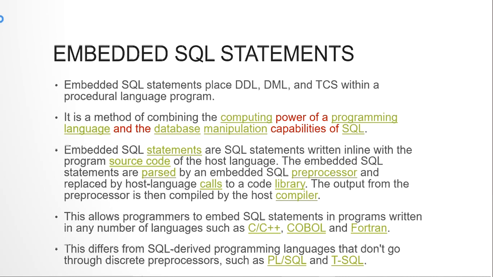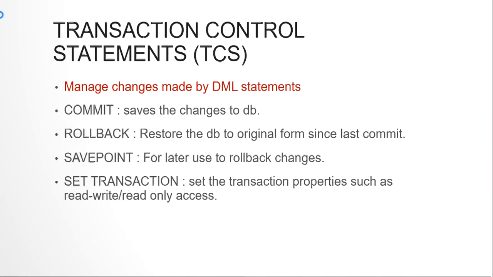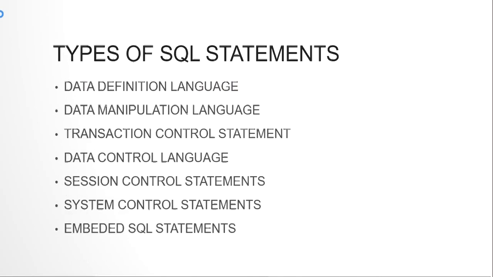So this is our video on SQL statements. I hope the video was clear. We have looked at 8 different kinds of statements. DDL, where we work with the definition of the object. Then we have seen DML, where we work with the data of the object. Then we have seen transaction control: commit, rollback, savepoint, those kinds of statements.